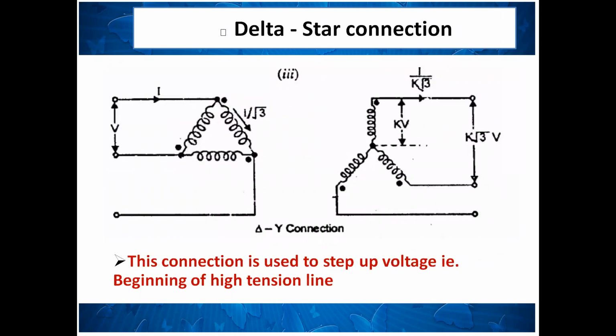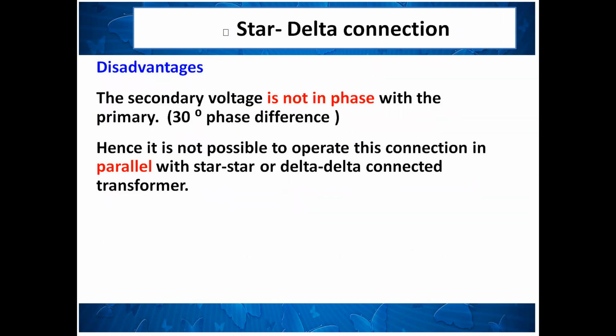Now, when transformers are connected in star-delta or delta-star, there is a 30-degree phase shift between the primary and secondary line voltages.